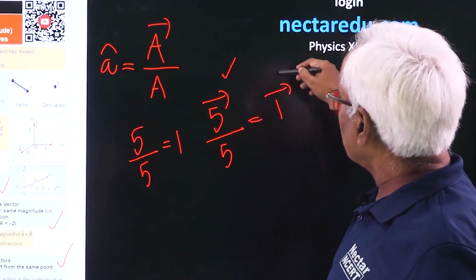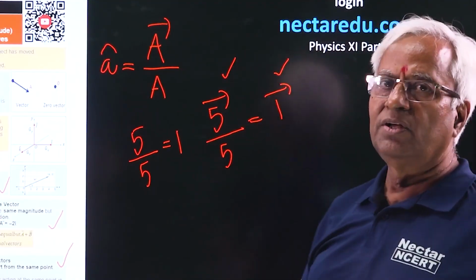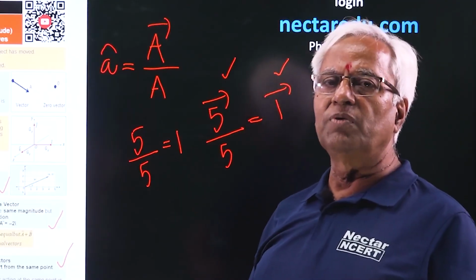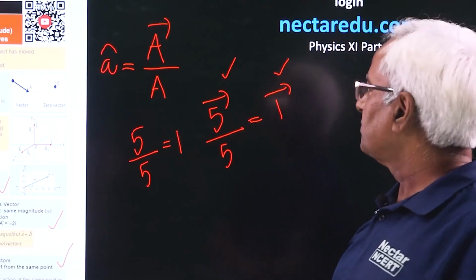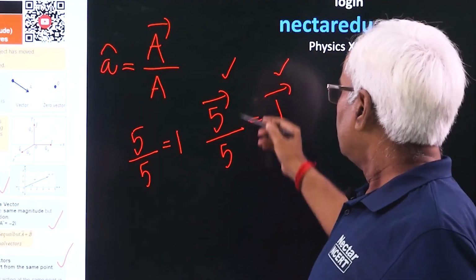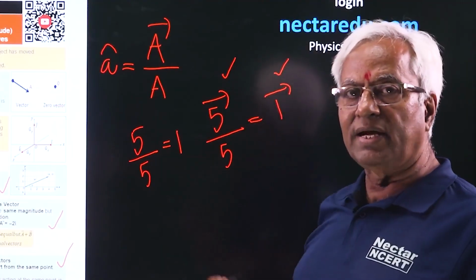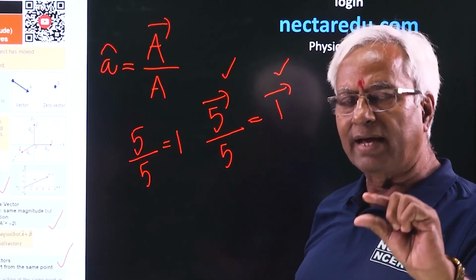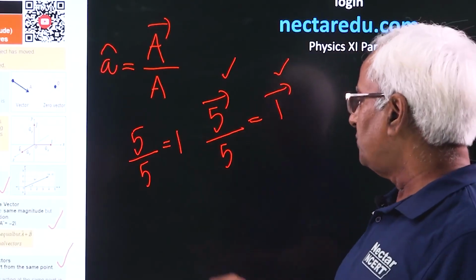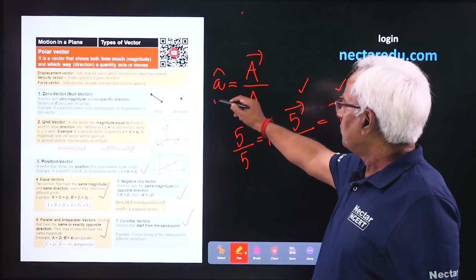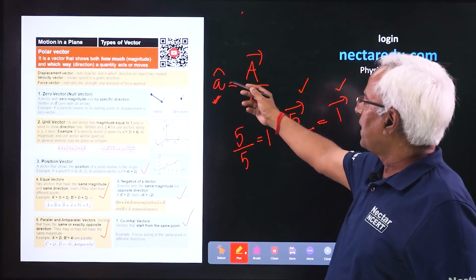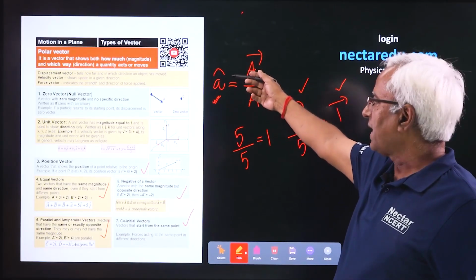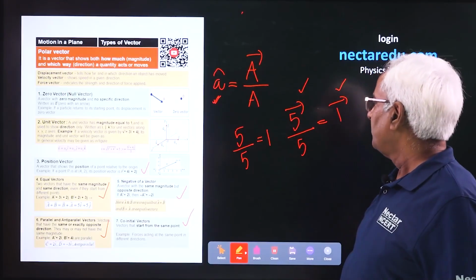The binding is that both shall be in the same direction. So unit vector has value 1, it has direction, but it's not going to have the mod greater than 1 or less than 1. It is binding to be the magnitude equal to 1. These are always denoted by small letters with an angular cap over them.